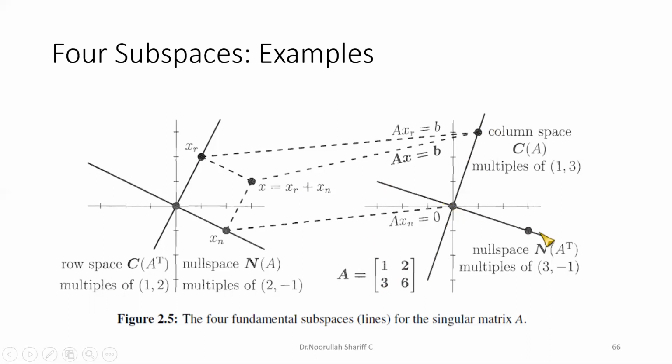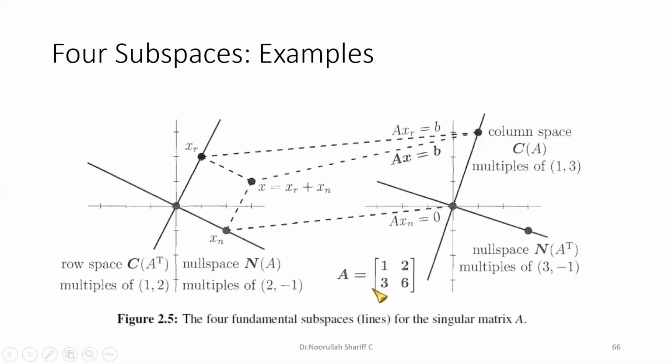And this gives us the line perpendicular or orthogonal to this one, which gives multiples of (3, -1). Similarly, the null space of A is this, with the values (2, -1), and the row space is the column space of A transpose.